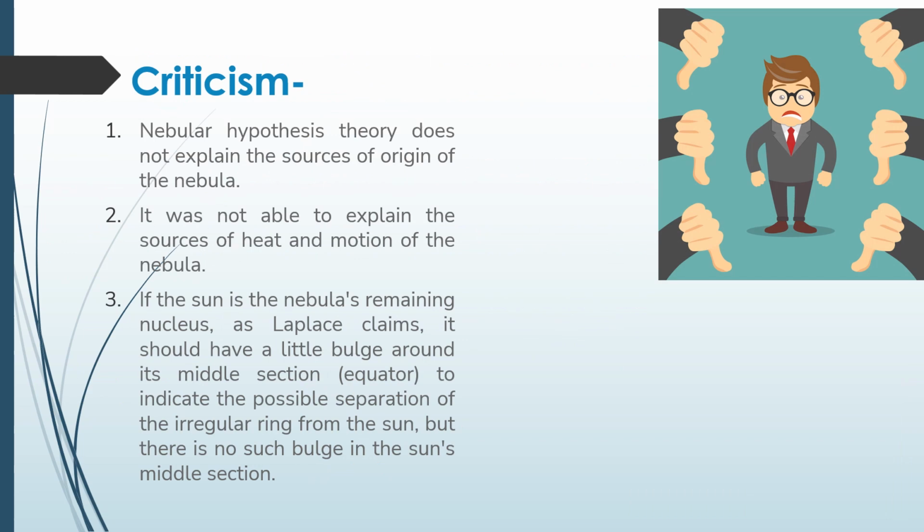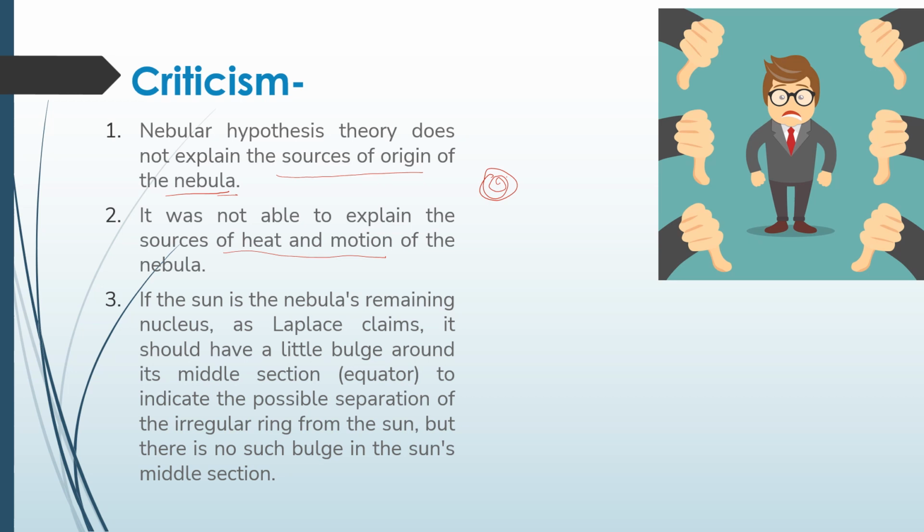Then criticism has started. Obviously every theory, every hypothesis has some criticism. First, it doesn't explain the source of origin of the universe, the origin of the nebula. The cloud nebula was there, but where it came from is not mentioned. The heat and motion, why the nebula is moving, why it is so hot, was also not explained.